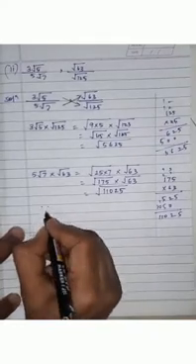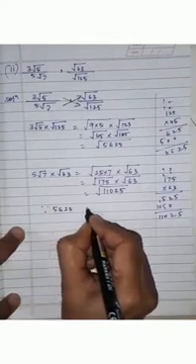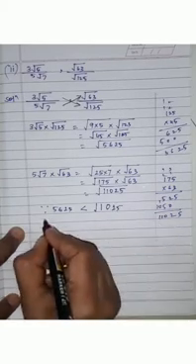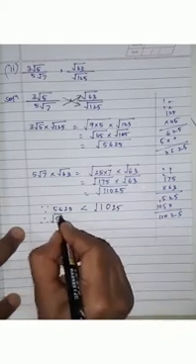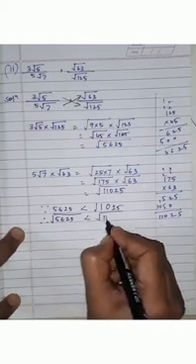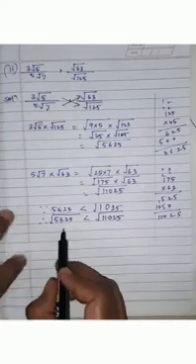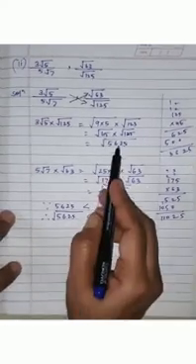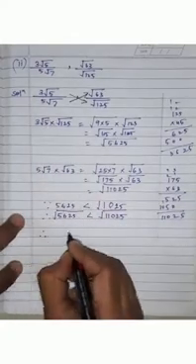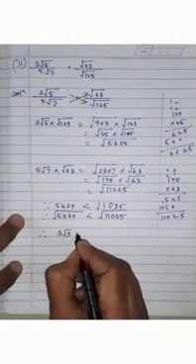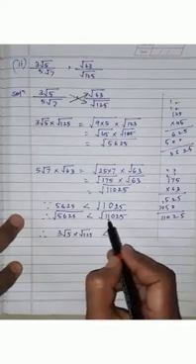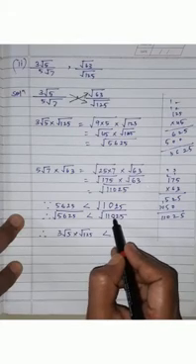Now see children, since this 5,625 is less than 11,025, therefore under root 5,625 is less than under root 11,025. Now this 5,625 has come from which value? It has come from 3 root 5 multiplied by root 125, which is less than, and this under root 11,025 has come from which value?